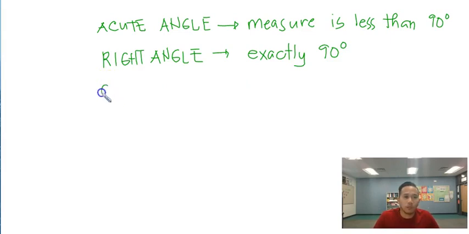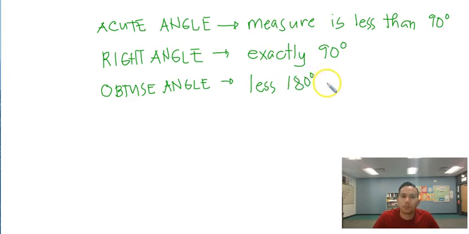The next one is the obtuse angle. The measurement of your obtuse angle will be less than 180 degrees but more than 90 degrees, meaning it's in between 90 degrees and 180 degrees.